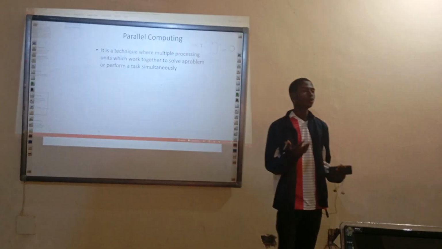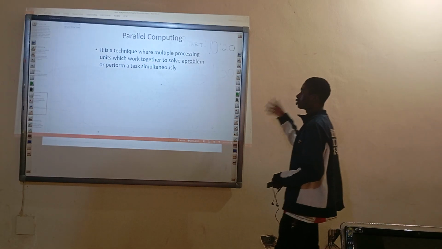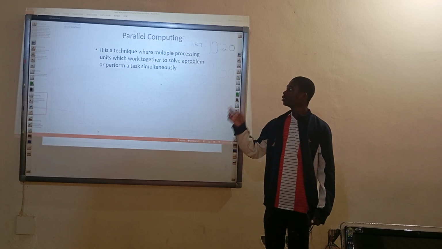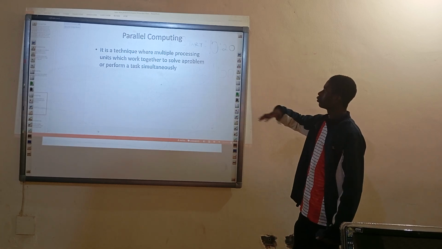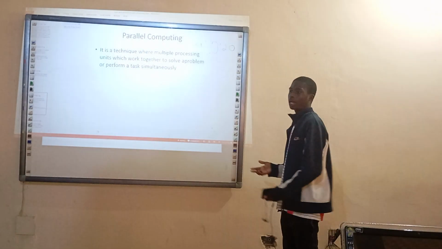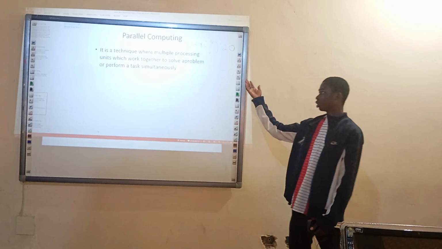But mind you, parallelism is different from concurrency in the sense that with parallelism, we actually solve the problems simultaneously together. For example, if I have 5 tasks, I'll be solving the 5 tasks at the same time. That's what parallelism is about.